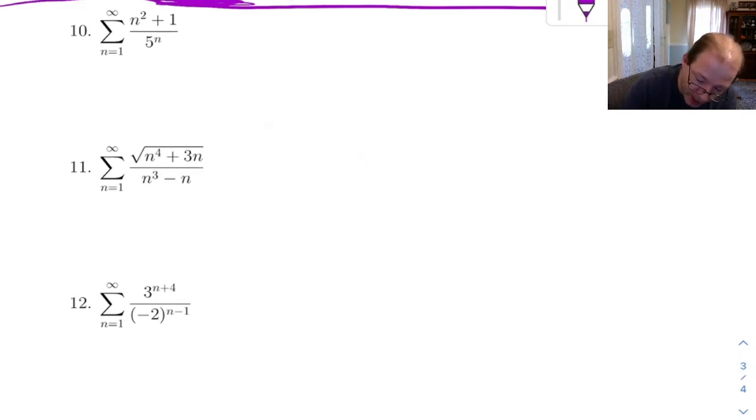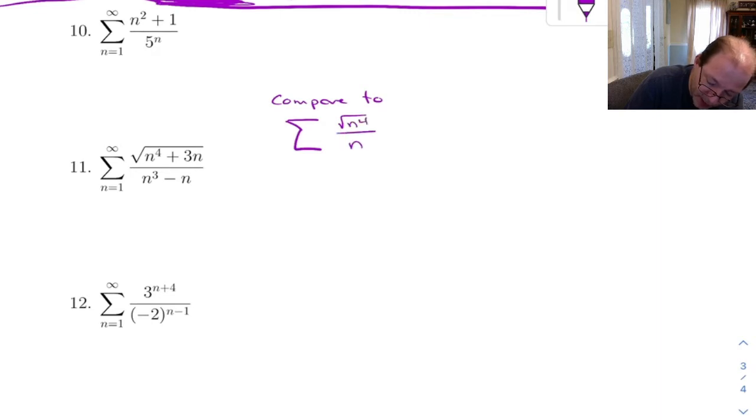All right, so up top, let's see. Actually, let me use a little more space. We want to compare. On top, we've got square root of n to the fourth, and on the bottom, we've got n cubed, because those are our two dominant terms.